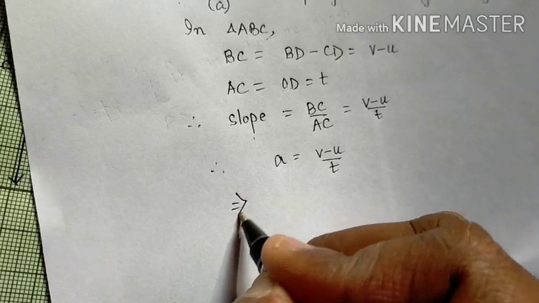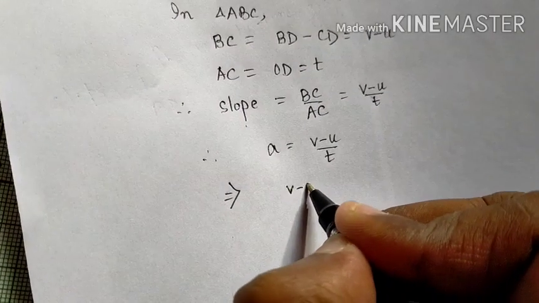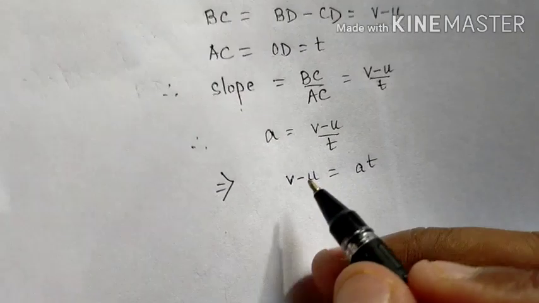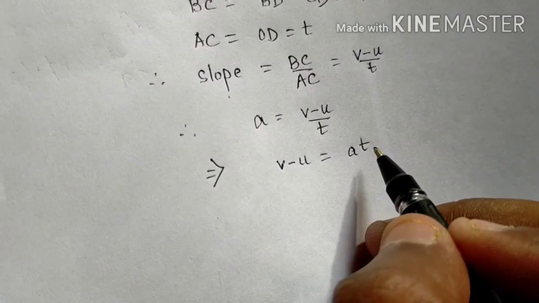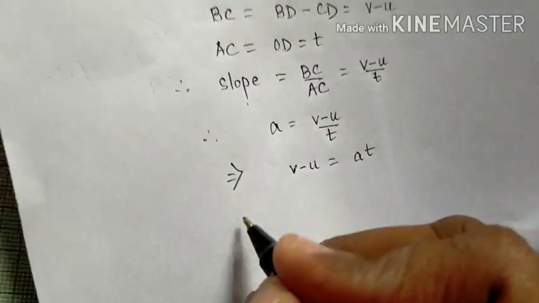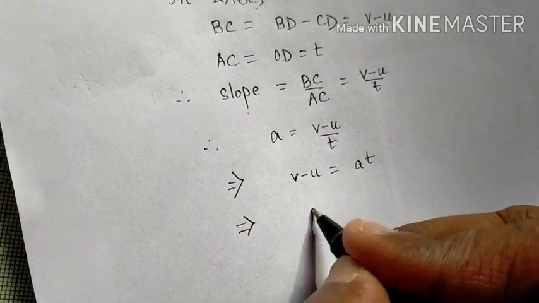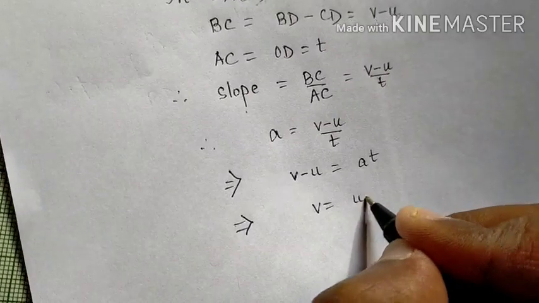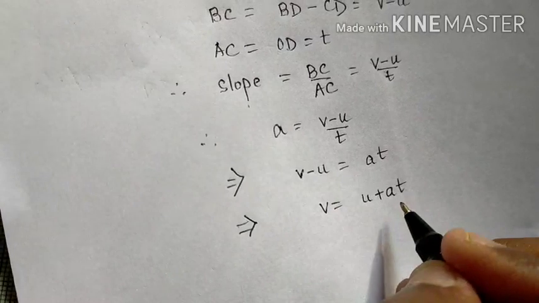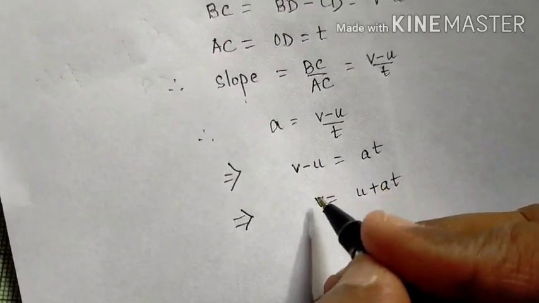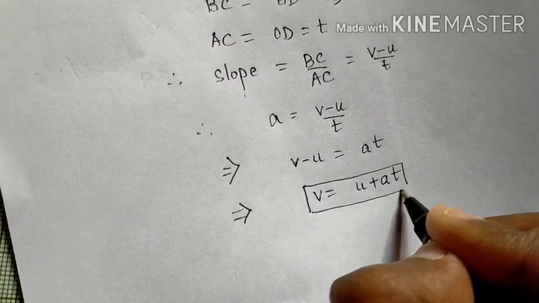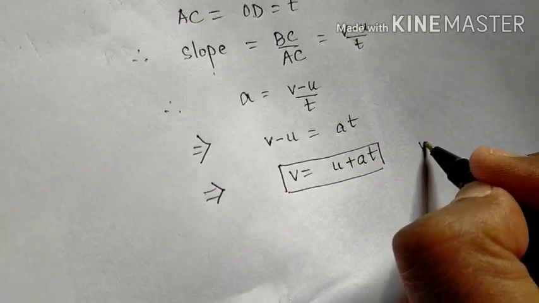Now let's take T to the other side of the equation. That will give us V minus U equal to AT. Now if we take U to the other side of the equation, then the minus sign will change to plus. So V is equal to U plus AT. So this is the first equation of motion, which is called the velocity time relation.